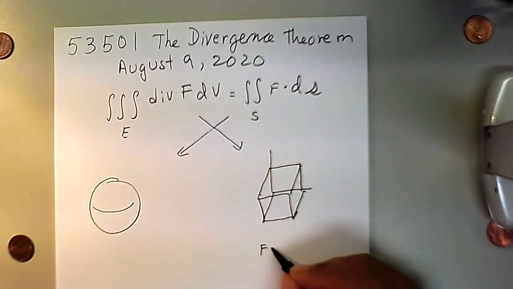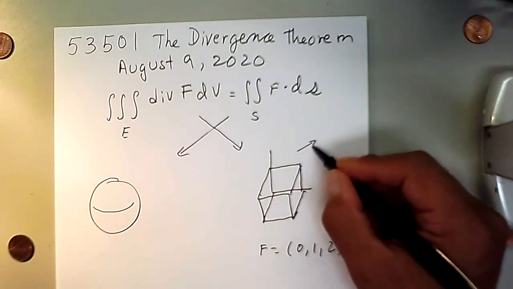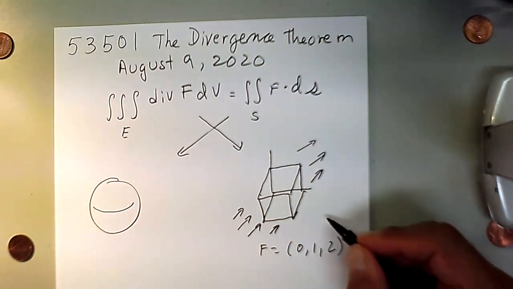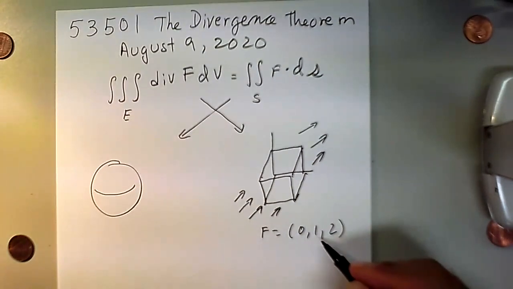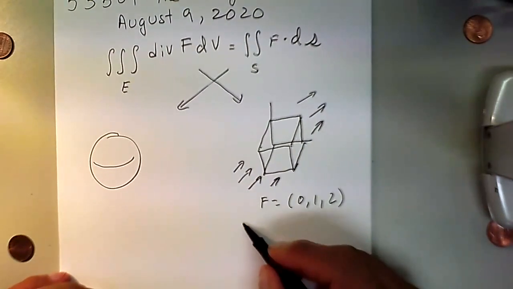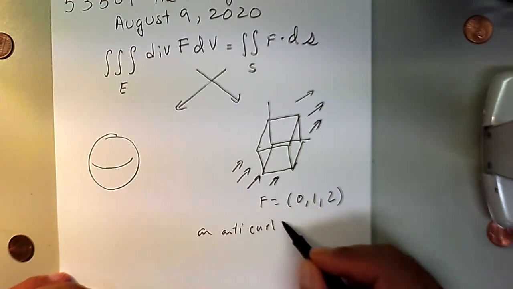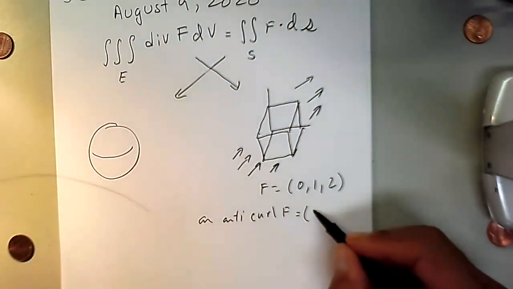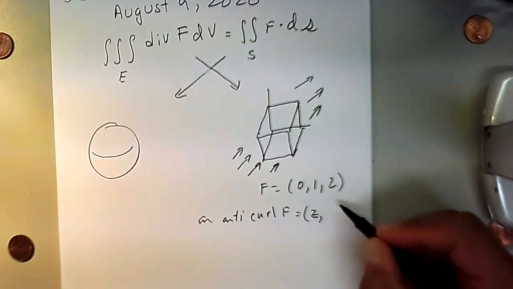F is <0, 1, 2>. So those are a bunch of vectors going sideways, all of them going in the same direction. Let's see if we can find an anti-curl of this, and I believe we can. An anti-curl of F would be, let's see, <z, 2x, 0> will do.